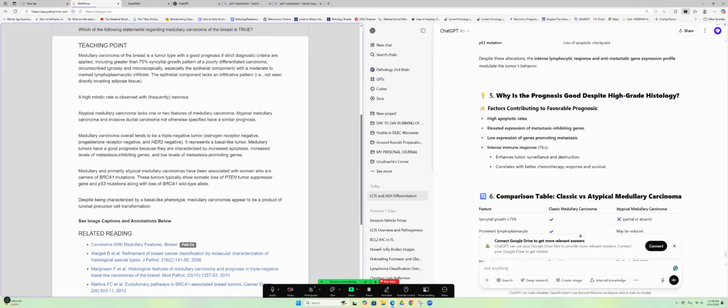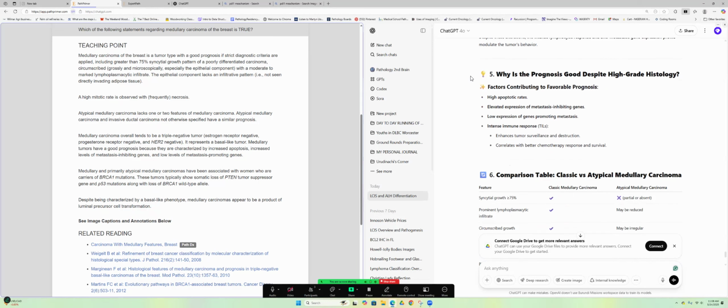Why is the prognosis good despite high-grade histology? Hypothesis: high apoptosis rates, elevated expression of metastasis inhibitor genes, and low expression of genes promoting metastasis. So maybe they don't have much susceptibility to metastasis.